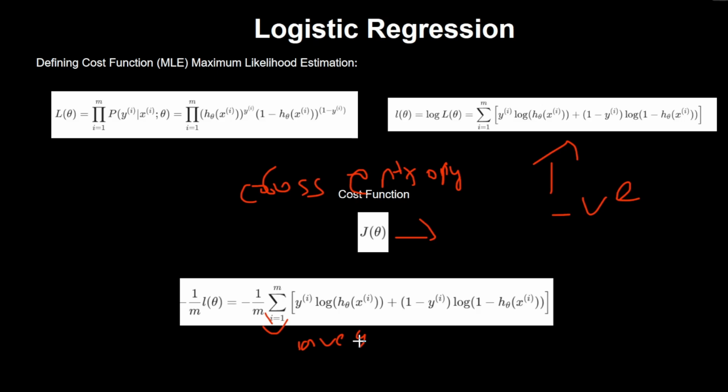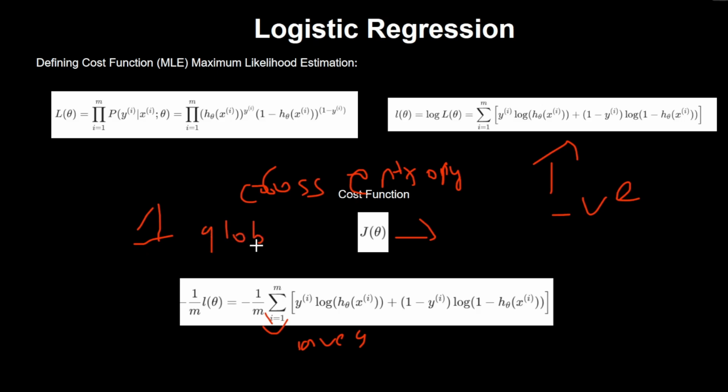So why do we use this? This is the function we want to minimize. The negative sign flips the function so that the maximum of the likelihood becomes the minimum of the cost. So a convex loss function. Convex loss function means that for the optimization algorithm, we'll have only a single global minimum.